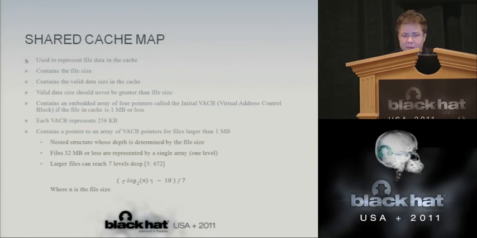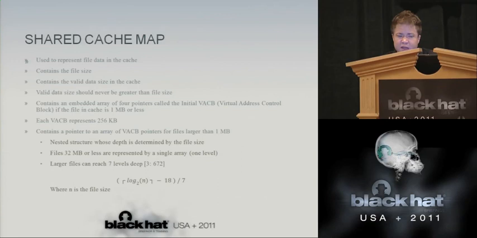Also within the shared cache map, the main crux of where the information is stored is in a VACB, a virtual address control block. Each VACB represents 256K of data, and contains a pointer to the virtual address where that 256K resides. So you translate that virtual address and then you get the information you want.